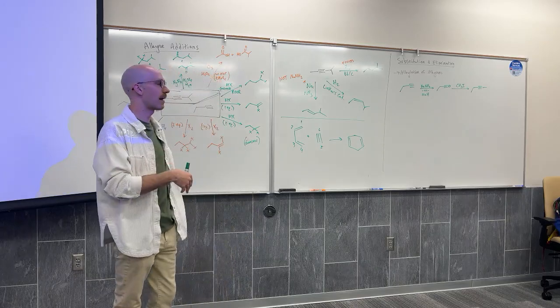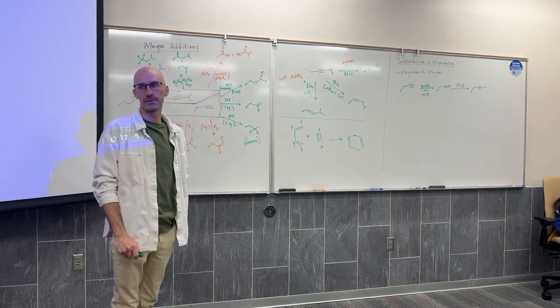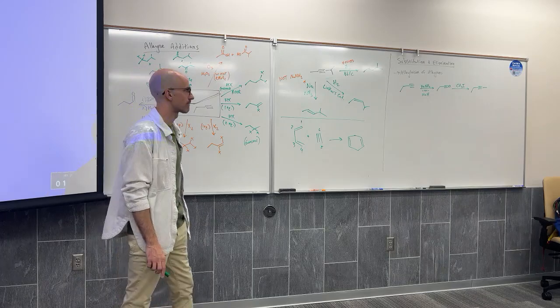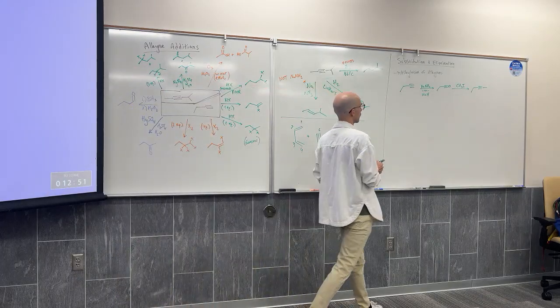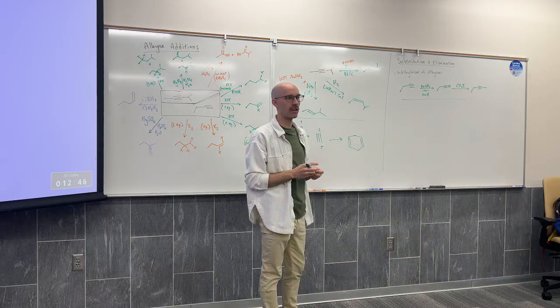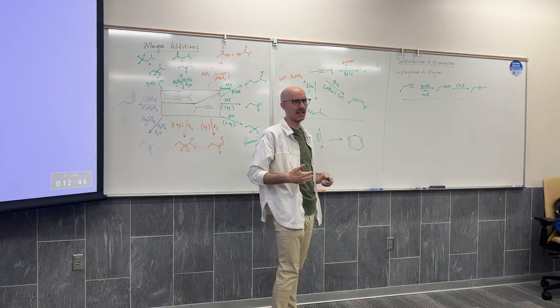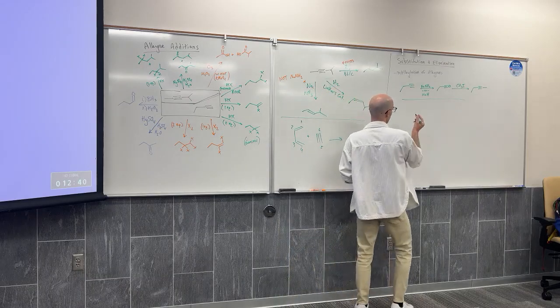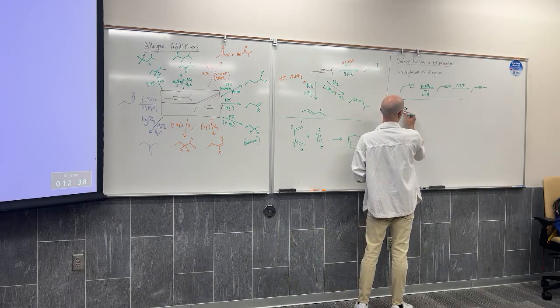The alkyne now has more carbons, more alkyl groups. And it's not very common that we want to separate it all out like this. Alkylation is kind of one step on its own. So let me give you another example.